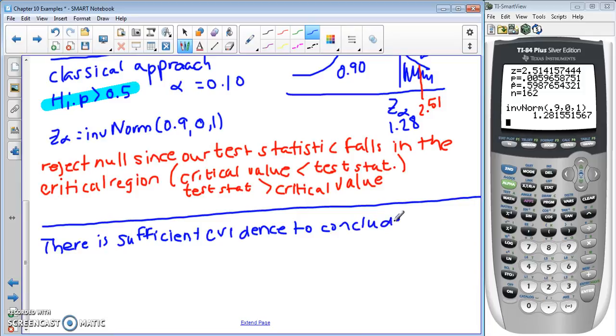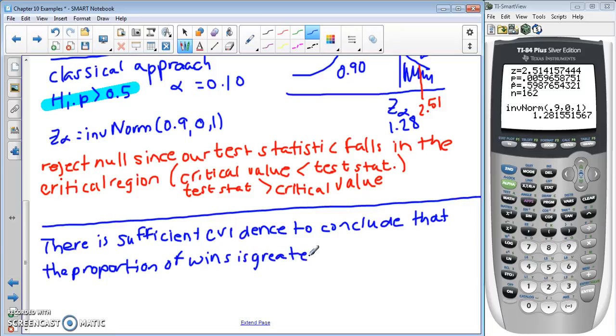So in this case, there's sufficient evidence to conclude that the proportion of wins is greater than 0.5 at the 0.1 level of significance.